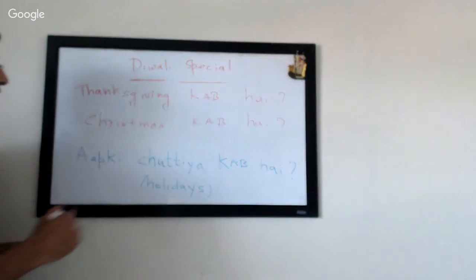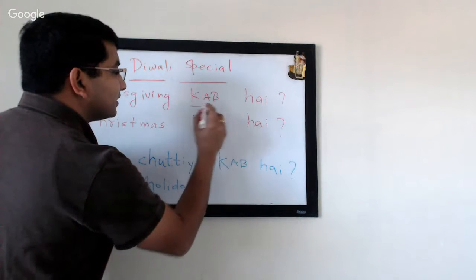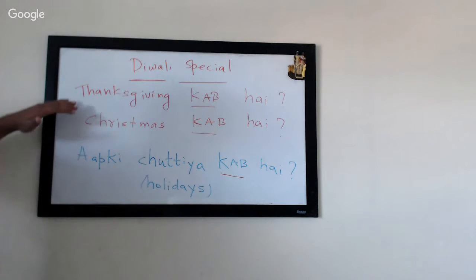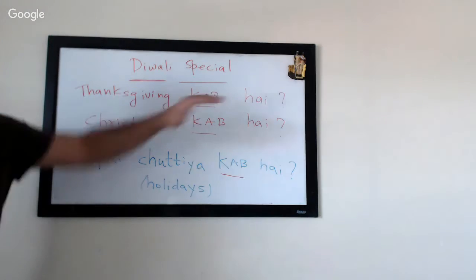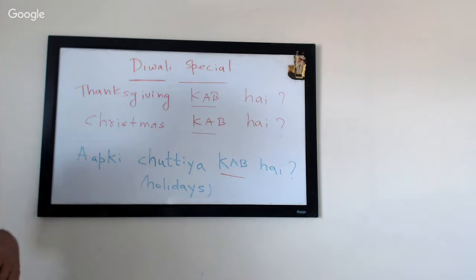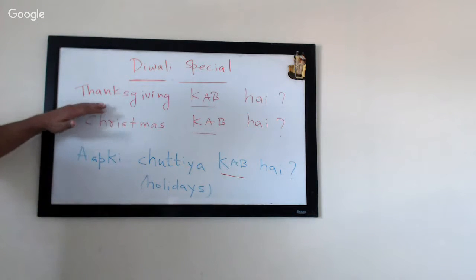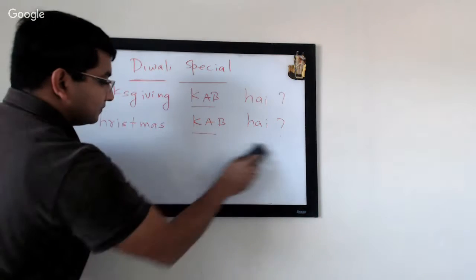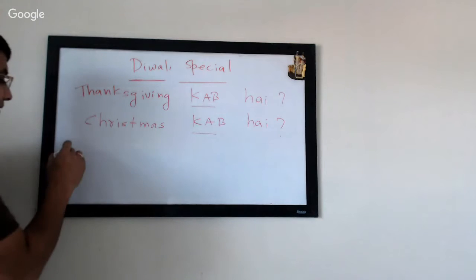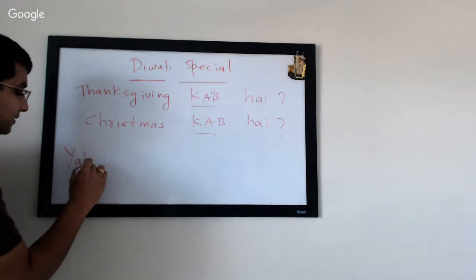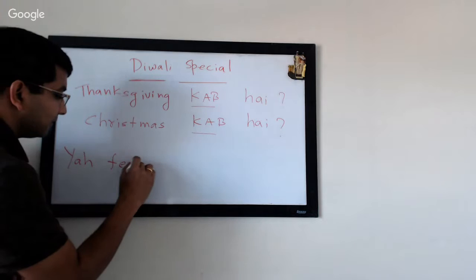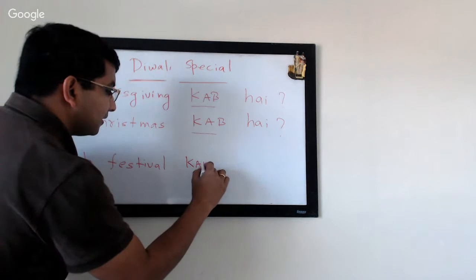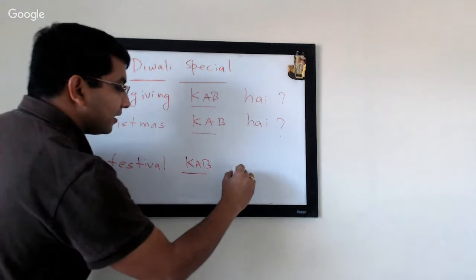Again, just to repeat, the primary focus is to learn this interrogative kab, and we are trying to learn it in the context of festivals. So festival kab hai, right? If you want to simply say a generic festival, you can say यह festival कब आएगा.